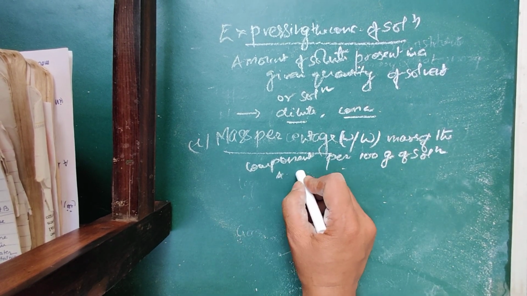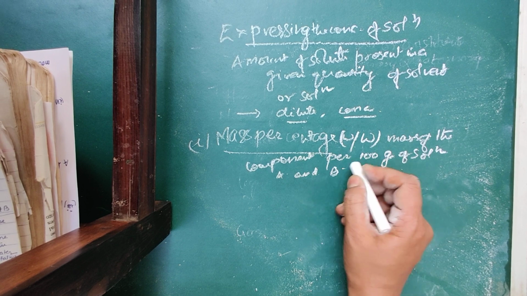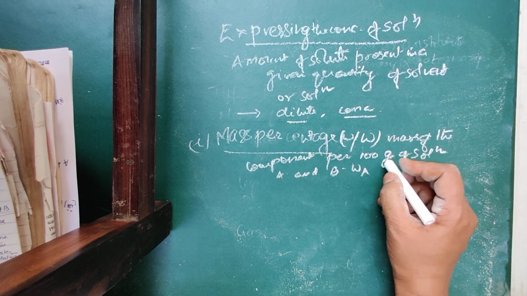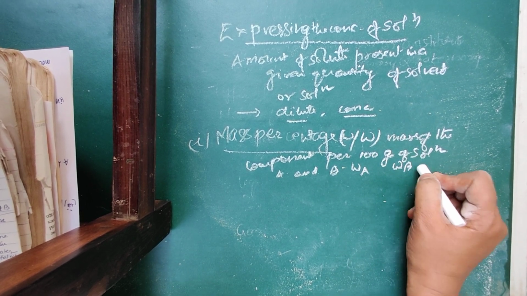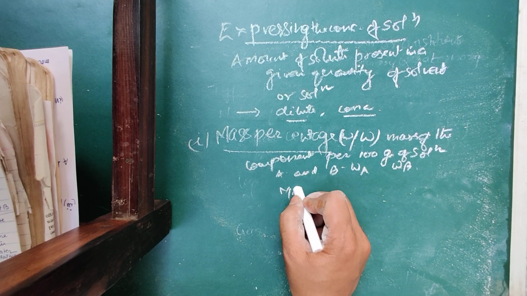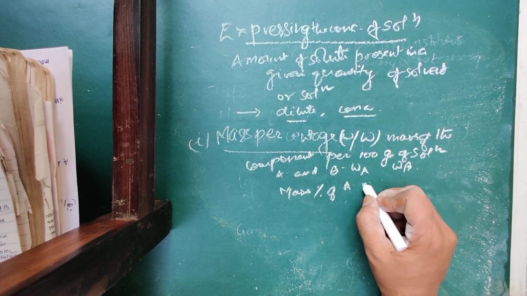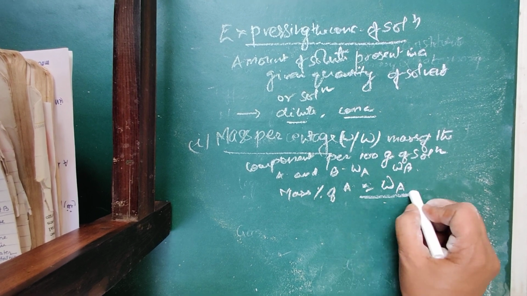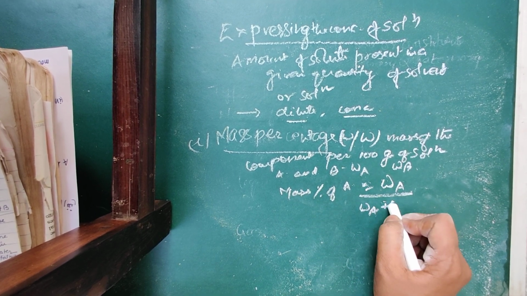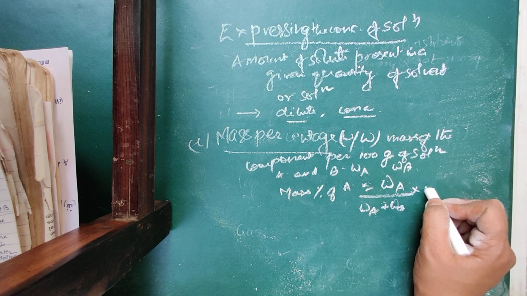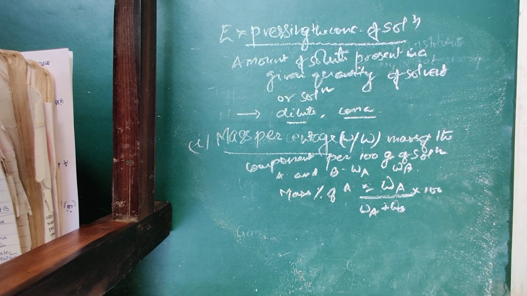So if we have two components A and B, let the masses be WA and WB. So mass percentage of A will be WA upon WA plus WB into 100.